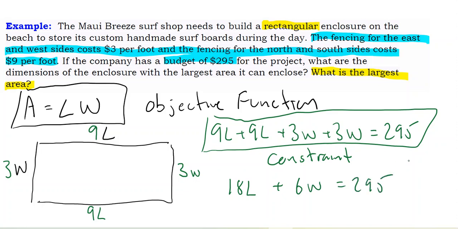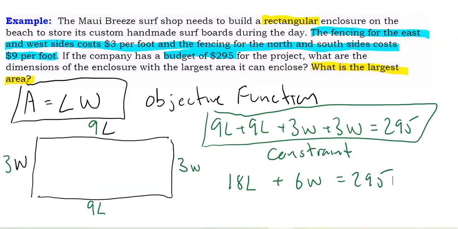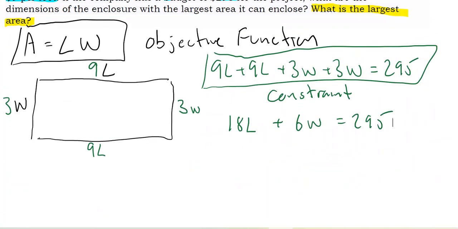And then we want to solve this for L or W. So it really is quite arbitrary. I'm just going to solve it for L. So 18L is equal to 295 minus 6W.